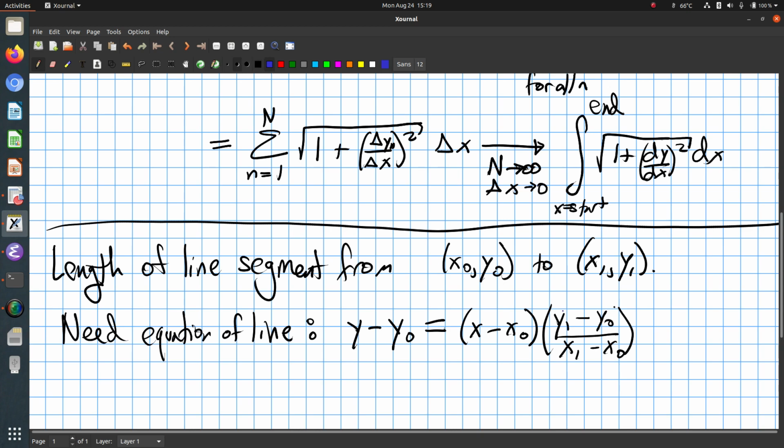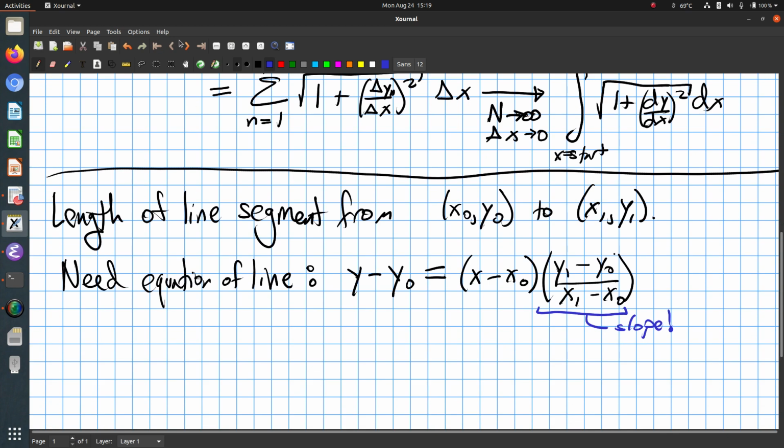Just as a quick note, this quantity here is the slope of the line. Okay, that's handy because I need a dy dx in there, a slope, and that's just going to be my slope.